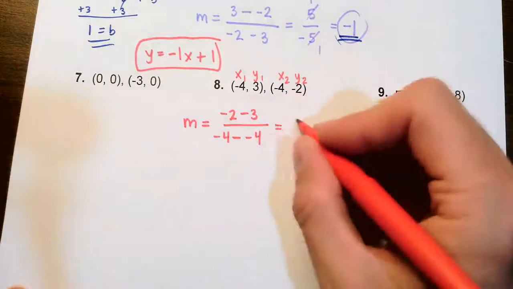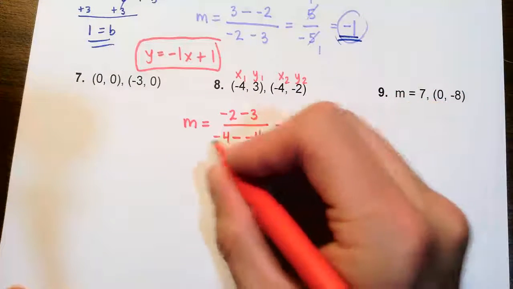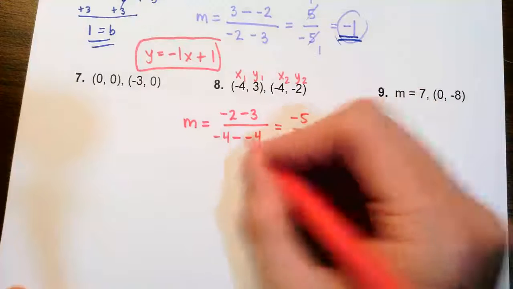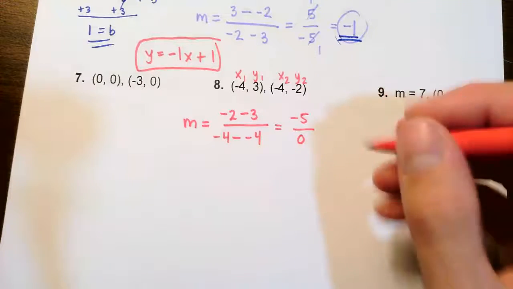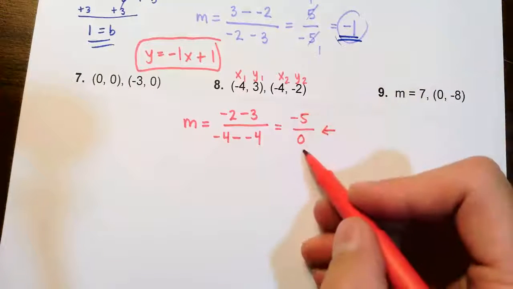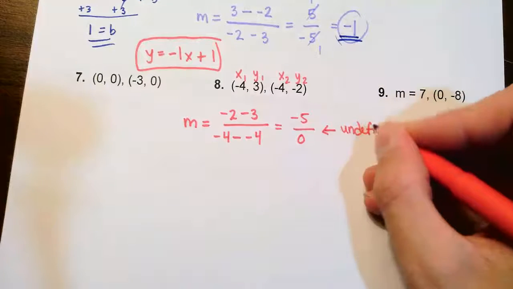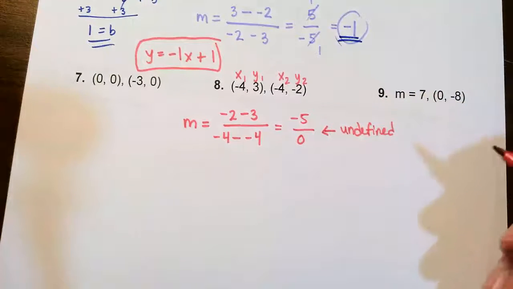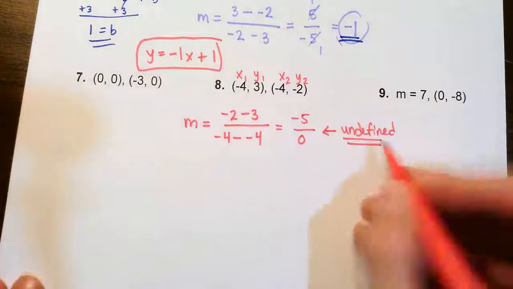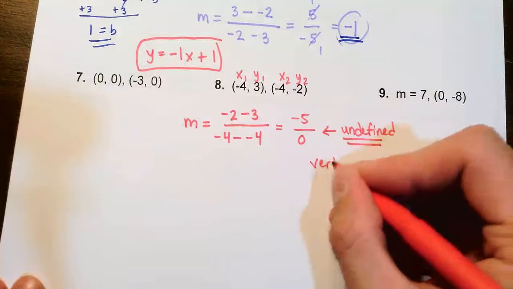That's going to be negative 5 on top, and negative 4 plus 4, that's actually going to be 0. We can't divide by 0. We call this undefined. Because it has an undefined slope, this is actually going to be a vertical line.